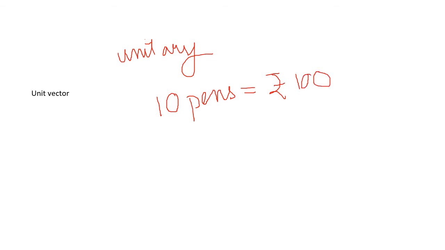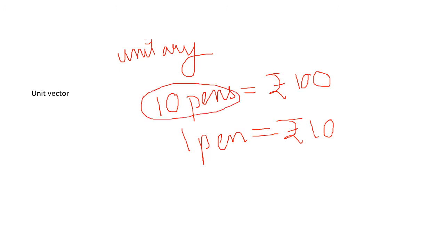So what will be the price of one pen? So the price of one pen equals 10 rupees. Fine. So in this method, what we have done is, we know the price of 10 units, and using these 10 units we have found the price or the value of 1 unit.